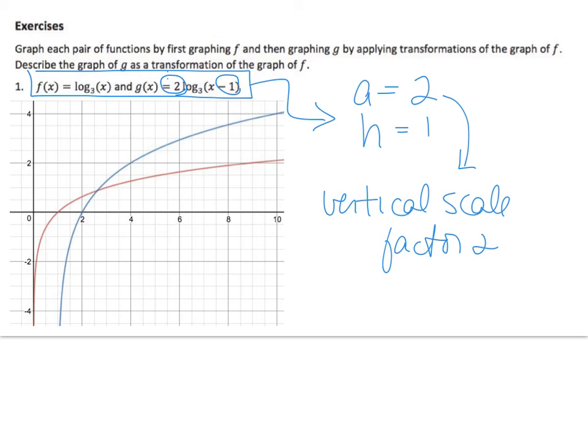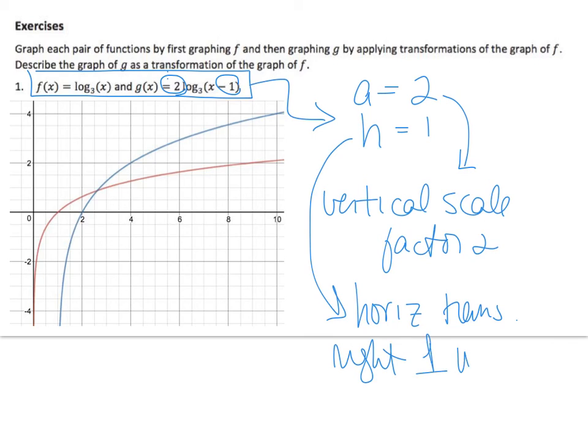And the h tells me horizontal translation 1 unit to the right. So what we see here in red is that function, f of x is in red and g of x is in blue.